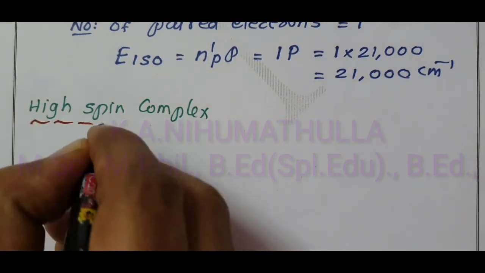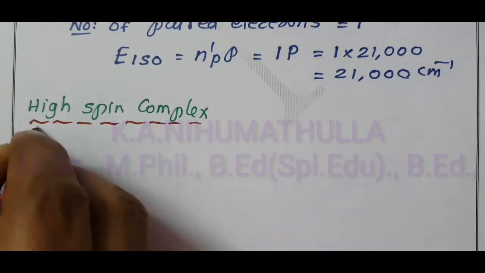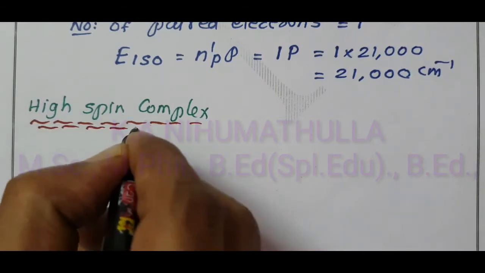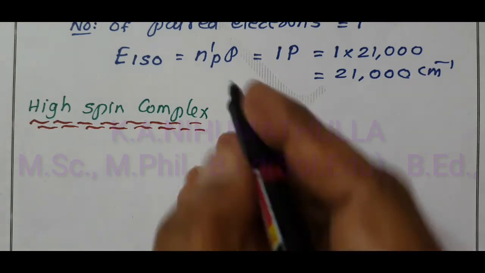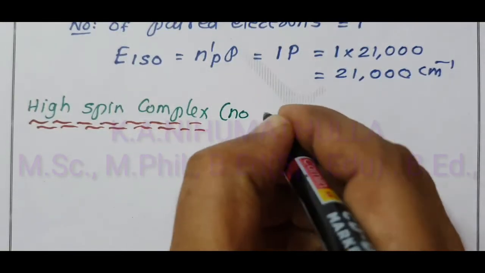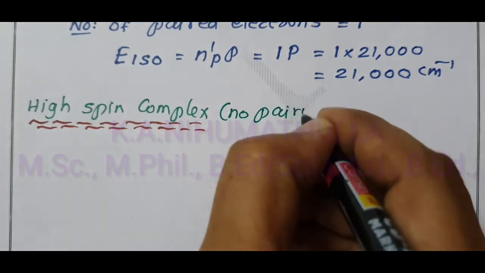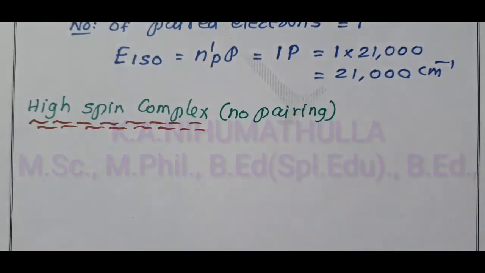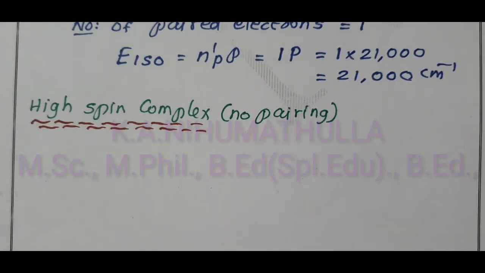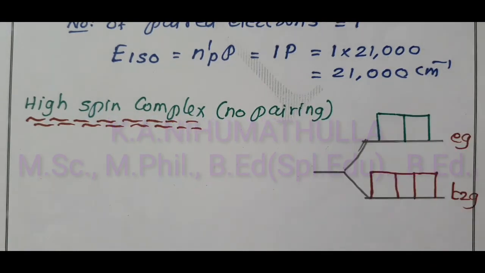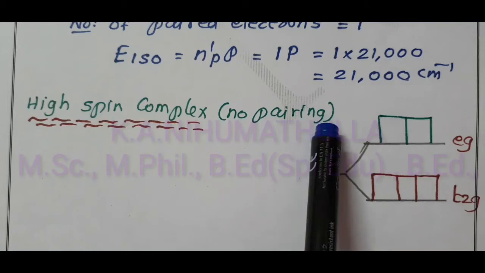We have how many electrons in the d orbital? There are 6 electrons in the d orbital. How to fill those 6 electrons in the t2g and eg levels of the ligand field, that we are going to discuss. In a high spin complex, no pairing takes place.